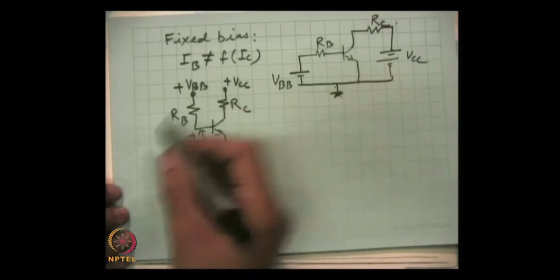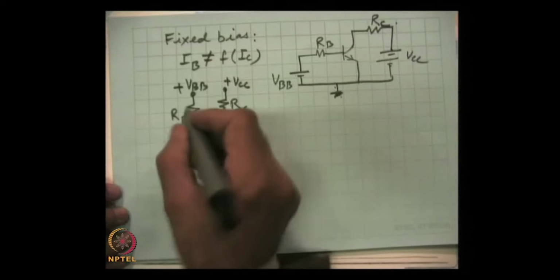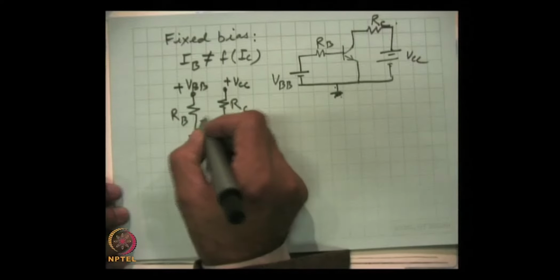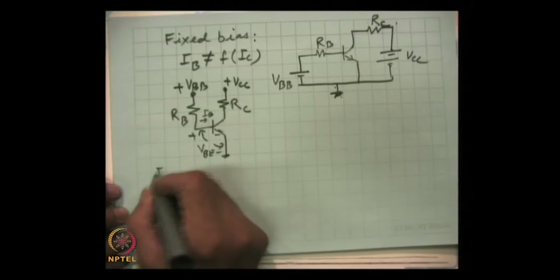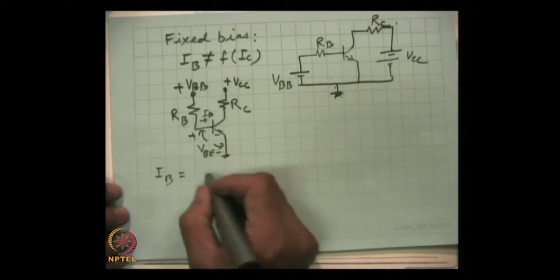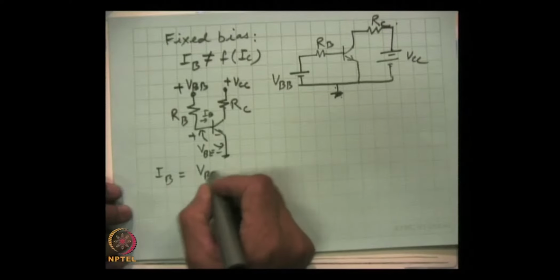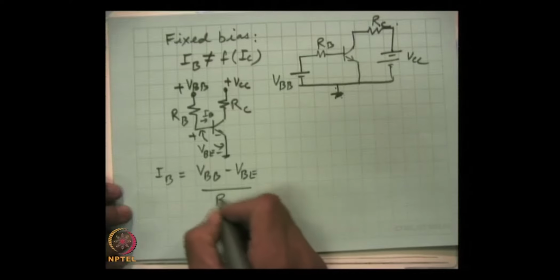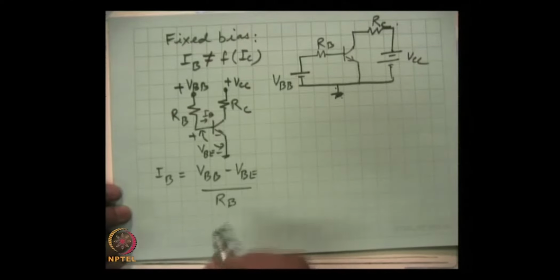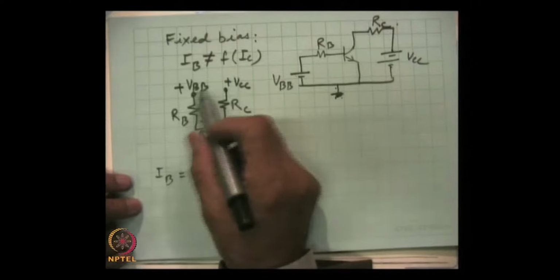As it is here, we can write that IB, the current which will be flowing here, in this circuit is VBB minus VBE divided by RB.